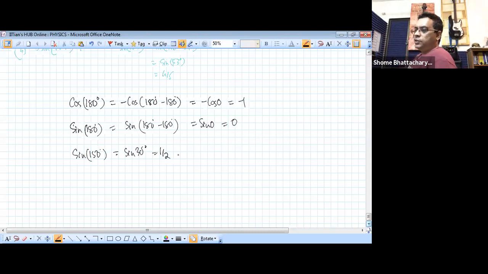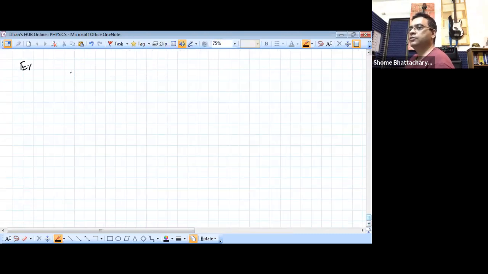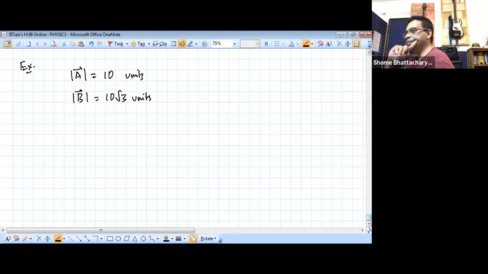Alright, so now that you are familiar with these formulae to a certain extent, let us see the application in vectors. Very simple example to start with. Magnitude of A is 10 units. Magnitude of B is 10 root 3 units. And theta is equal to 150 degrees.